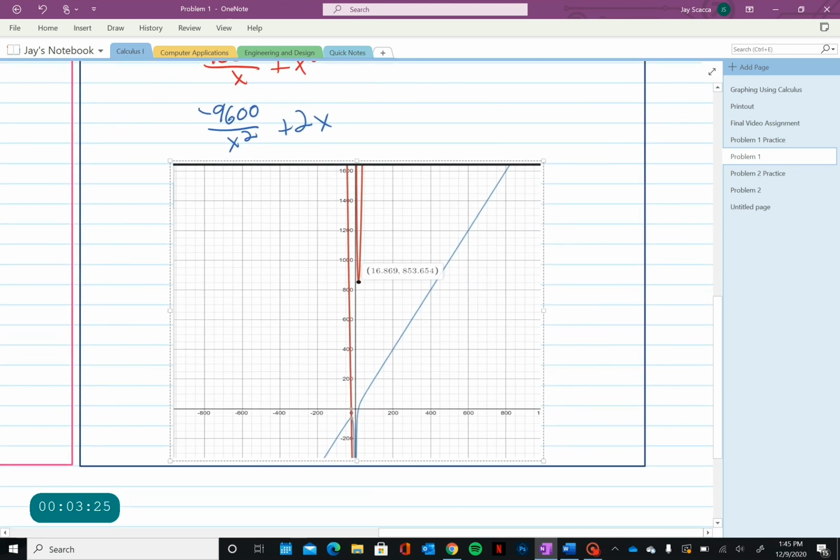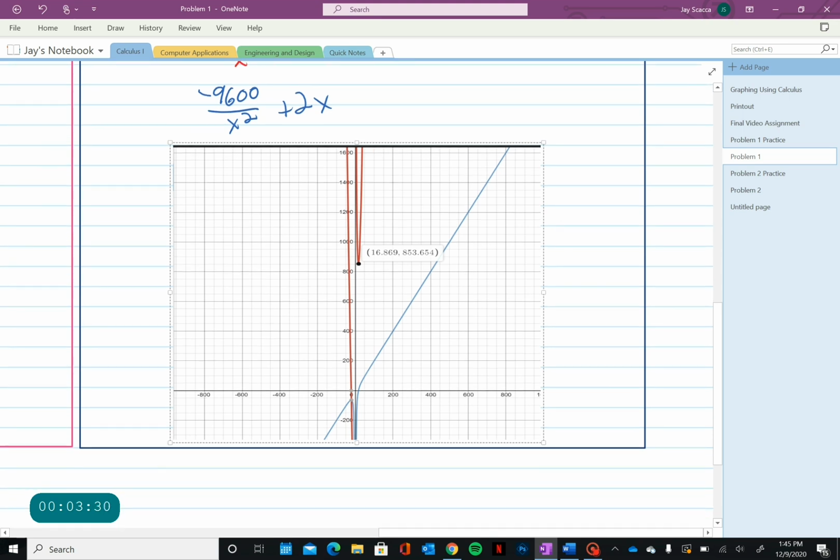You could see that the red has a minimum at 16.869.